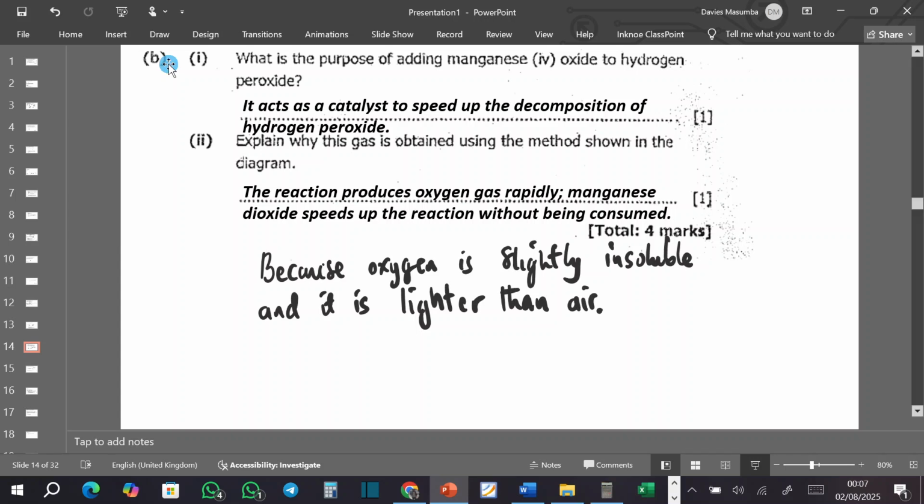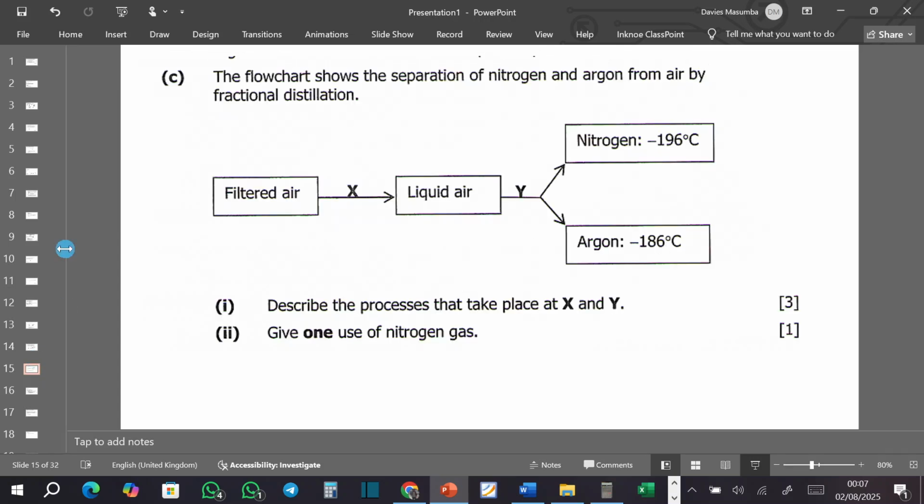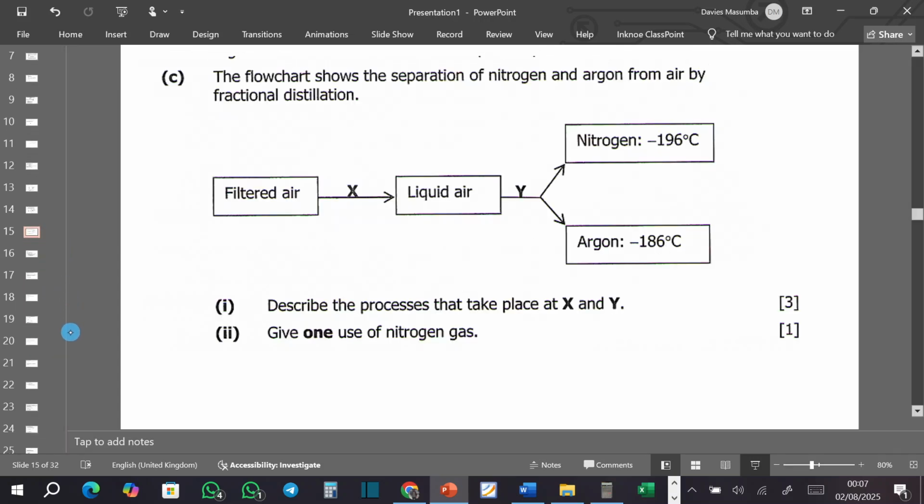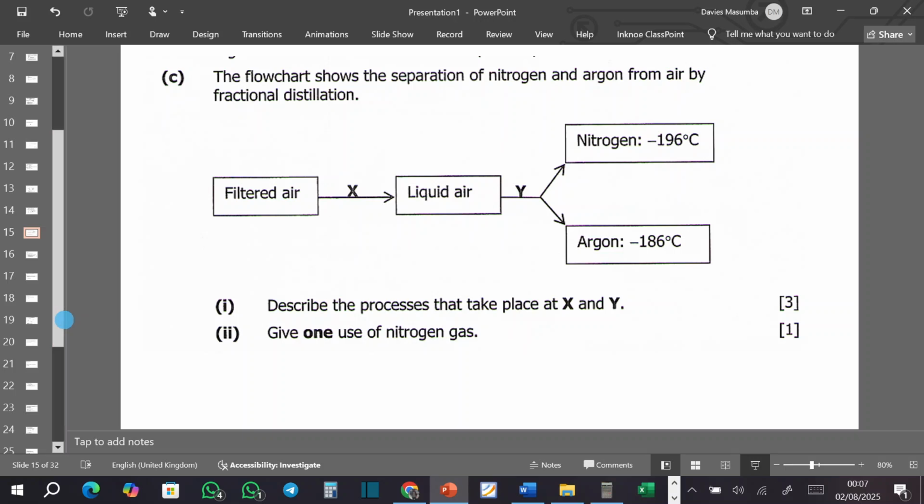Okay, let's move to another question. So this question C says, the flow chart shows the preparation of nitrogen and argon from air by fractional distillation. Okay, so this is a flow chart, a chart which contains arrows.